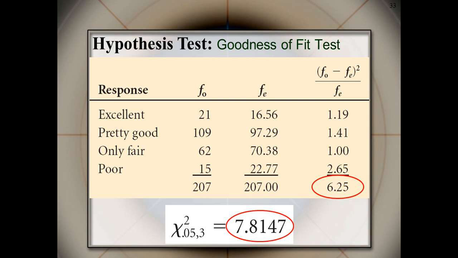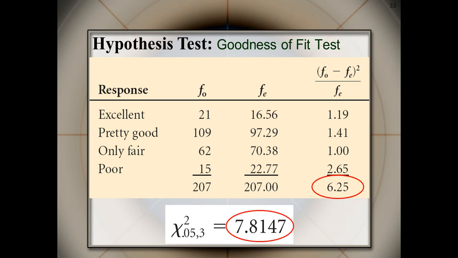For this case, we have a level of significance of 5%, and there are 4 categories, and we are not using any parameter of the given distribution, since the probabilities are directly given. So k equals 4, c equals 0. So 4 minus 1 minus 0 gives 3. So we have 3 degrees of freedom, and 0.05 as my level of significance.